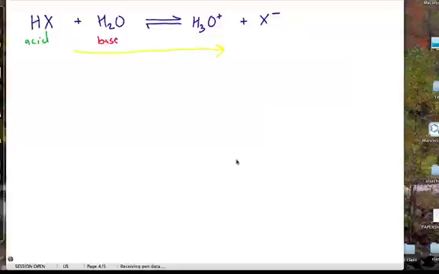But if we look at it from the opposite direction, what we see is that the H3O plus, going backwards, would give up its proton to the X minus. And so in this case, we would see that the X minus is acting as a base, and the H3O plus is acting as an acid.